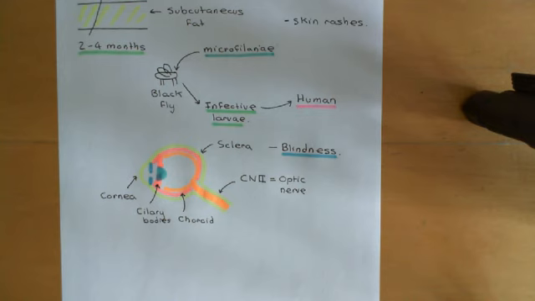It's very, very effective at killing the microfilariae, however, and since they're the ones that actually cause the disease, the inflammatory response which leads to the skin rashes and the blindness, they are the biggest problem. So Ivermectin can prevent the actual blindness that results from being infected with Onchocerca volvulus.